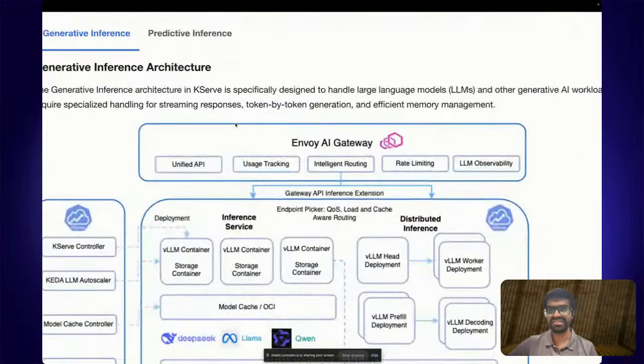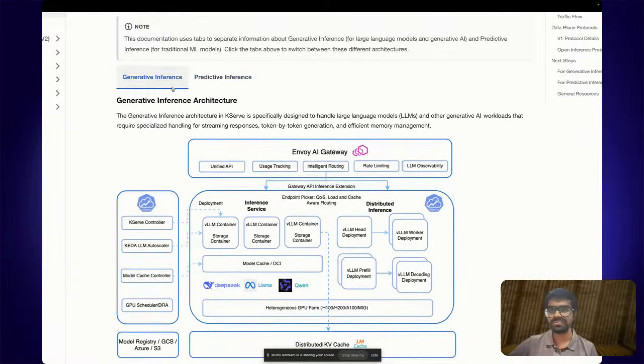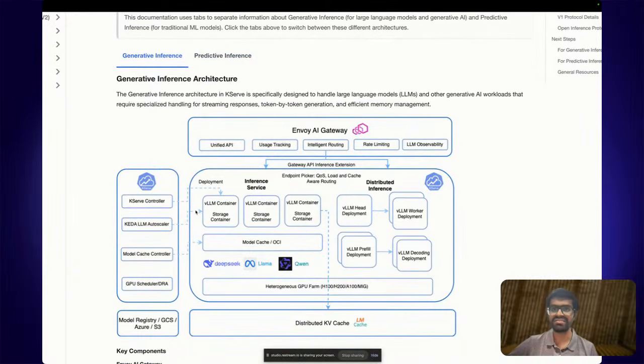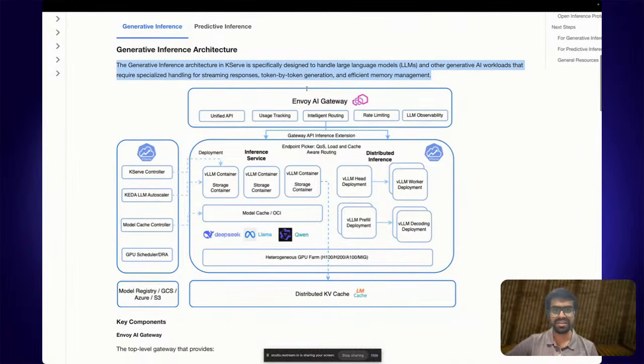Here you can see we can look at the KServe generative inference service as well. We have the Envoy AI gateway, which will take care of rate limiting, applying some kind of RBAC control, and built-in observability for LLMs.